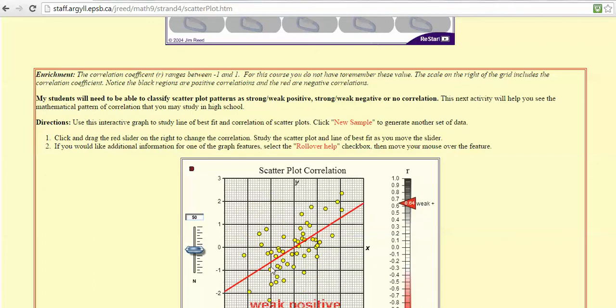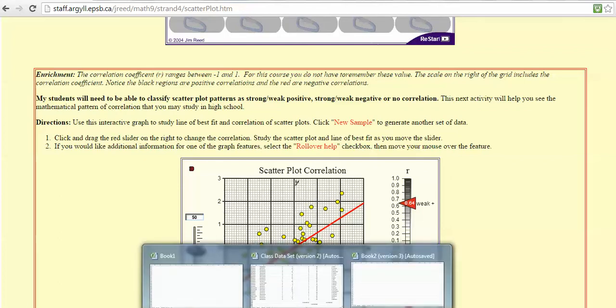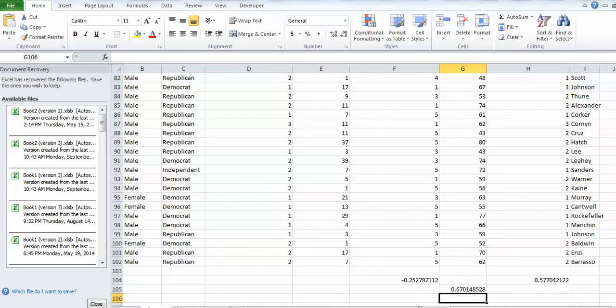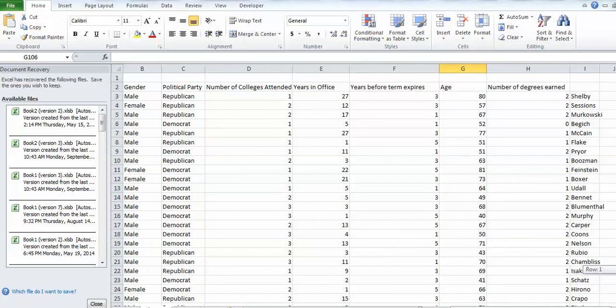So it is a fairly consistent correlation between age and years in office, which makes sense. What else do we look at? We looked at colleges attended and number of degrees earned.